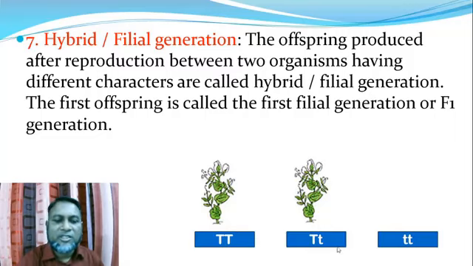Capital T, small t is the heterozygous condition. This is the F1 generation. Small t is homozygous for short plants. So there, capital T, small t is the hybrid or filial generation.